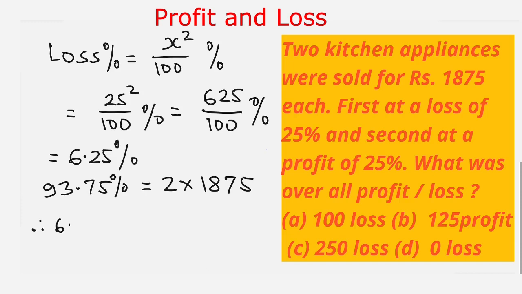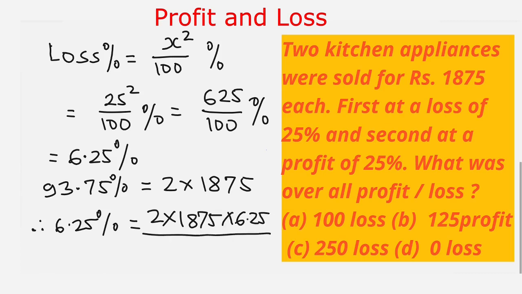Therefore 6.25% equal to 2 multiplied by 1875 multiplied by 6.25 divided by 93.75, and 93.75 divides 1875 for 20 times.